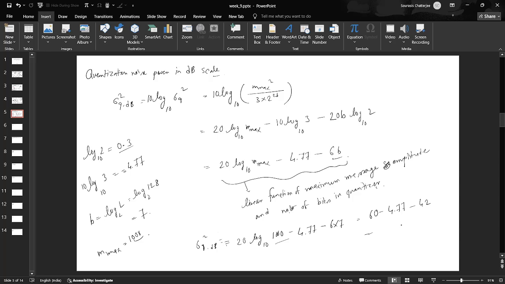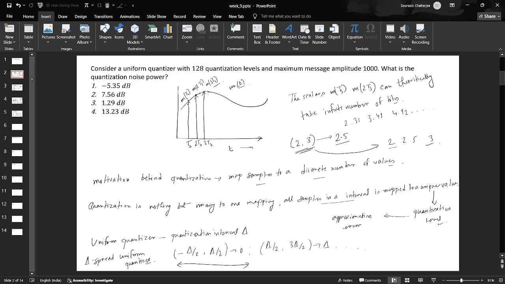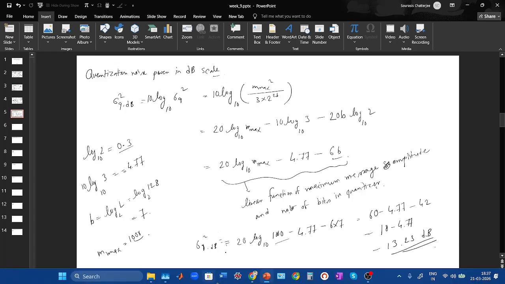That means it would be 18 minus 4.77, that is 13.23 dB. So this is going to be your quantization noise power. Let us see which one of the answers matches. So the fourth one is the answer. That's how we can get the quantization noise power in dB scale.